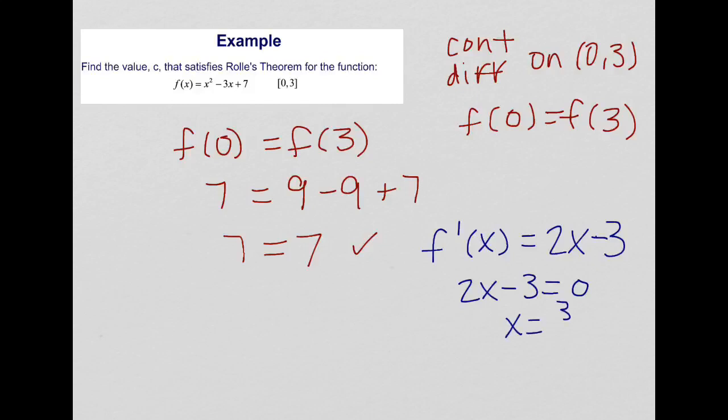Well, that's going to equal 0 at 3/2, or 1.5. It doesn't ask me for the point, it asks me for the value of c. That would be your x value. So I would say it satisfies Rolle's theorem when c equals 3/2.